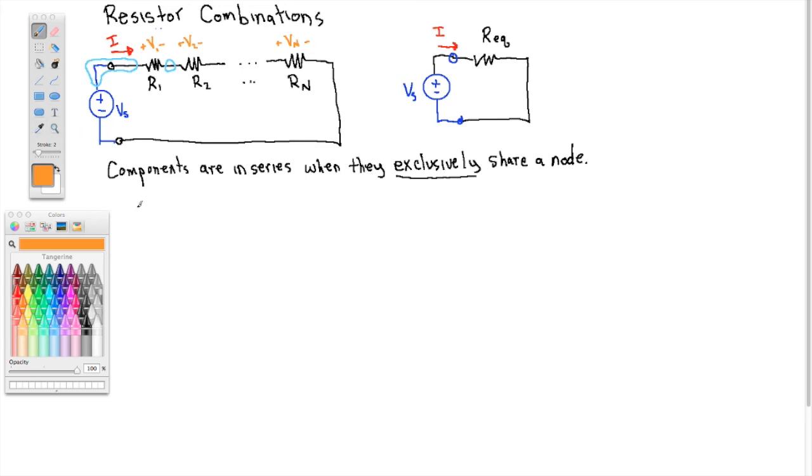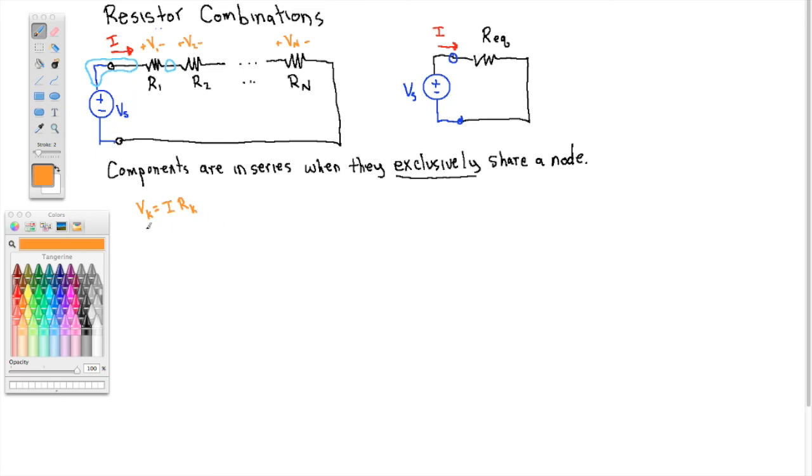We'll call it Vk. So the kth resistor, the voltage across it from Ohm's law must be the current through it, and that current is the same for every resistor, so it does not get a subscript k, times the resistance, Rk.